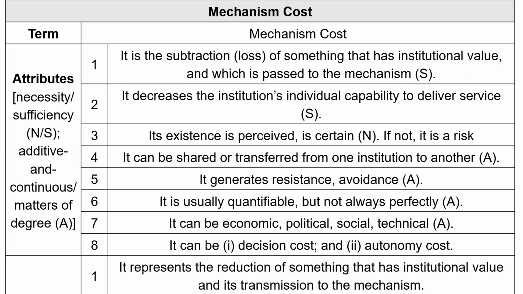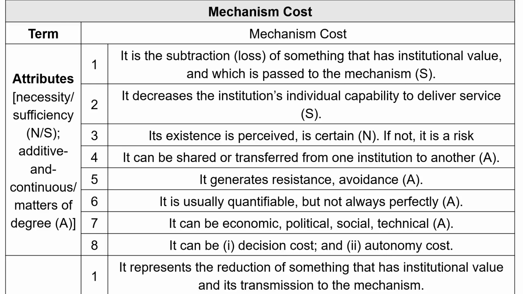The first attribute is that a mechanism cost is the subtraction, or a loss or a payment, if you want to say that, of something that has institutional value, something that the institution considers valuable, and this value is passed to the mechanism, like transferred to the mechanism, like a payment to the mechanism. This is the first attribute.